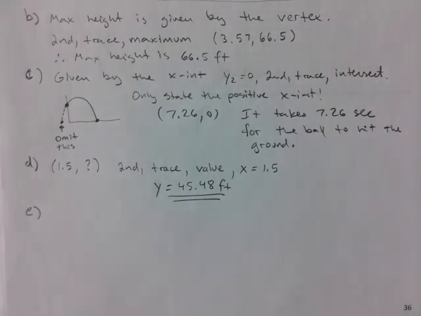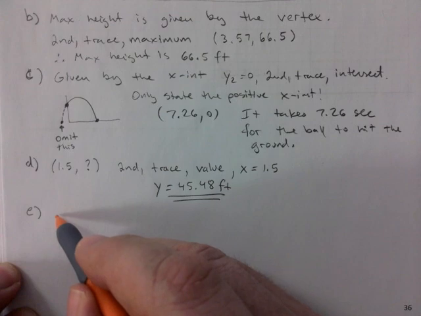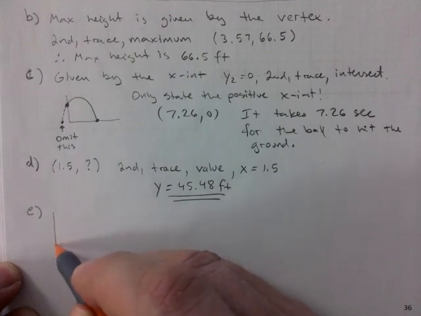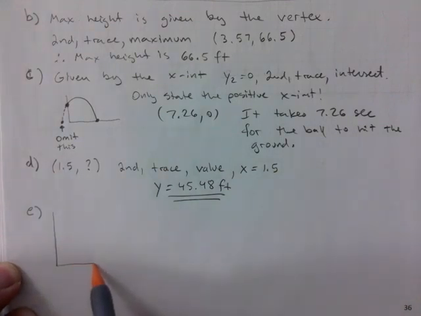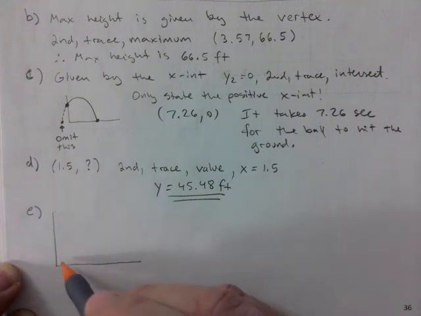Determine the ball remains at or above 49 feet. Here's where I want you to pay close attention. This is where it's not just find the point and state it. Let's sketch it here. I'm going to give you a sketch. We know we're 4 feet above the ground, right?